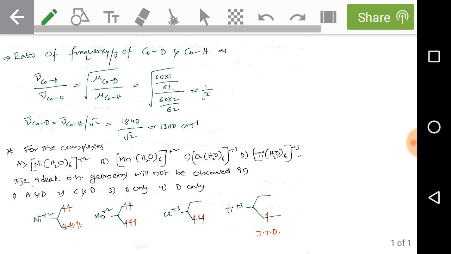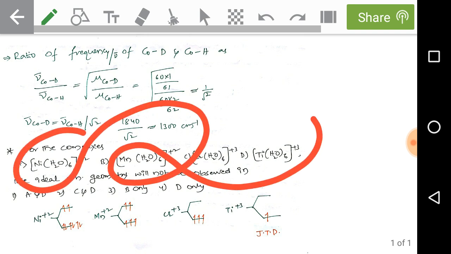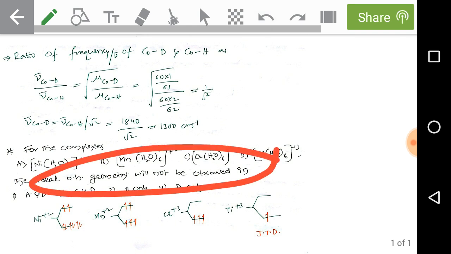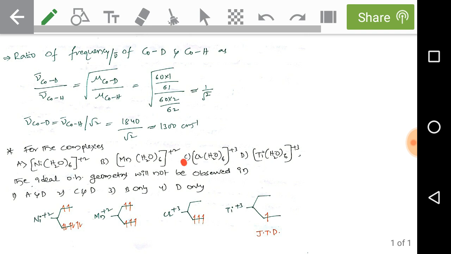Okay, for the complexes, just observe the complexes of nickel, manganese, and the next one chromium and titanium. The ideal octahedral geometry will not be observed in which? Just look at the first, the nickel(II) complex where 8 electrons are there: t2g and eg are symmetrically filled. For Mn(II), the 5 electrons are symmetrically filled because water is a weak field ligand.